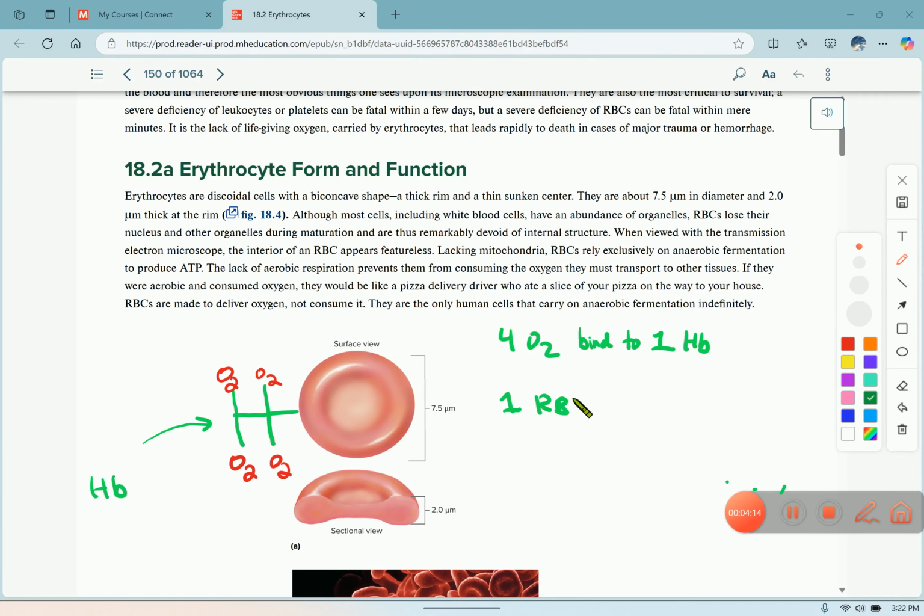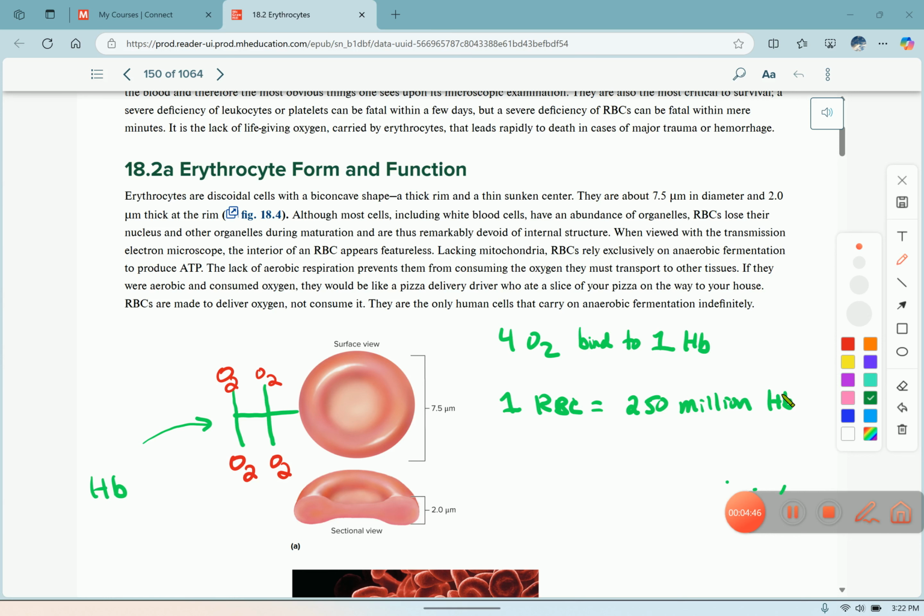One red blood cell has about 250 million hemoglobin. Now think about that. One red blood cell has about 250 million hemoglobin. Now that is plus or minus several million. It depends on the author, it depends on the book. I've seen as low as 200 million hemoglobin on one red blood cell, and as much as 300 million.